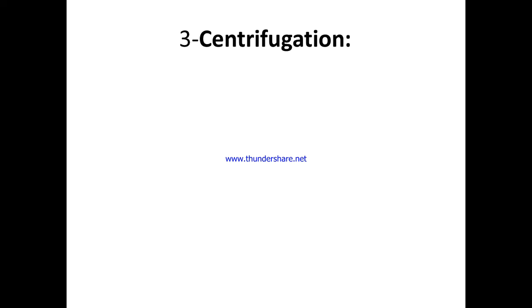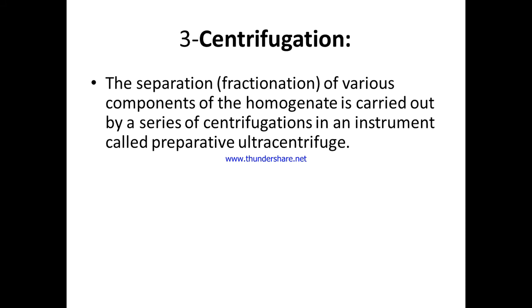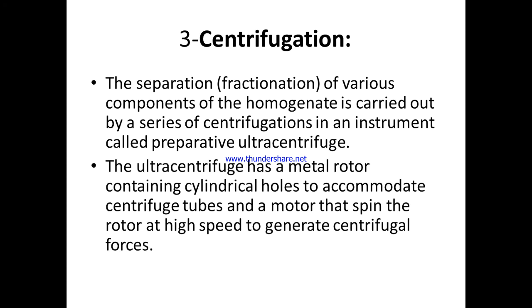So in order to separate each organelle, we do the centrifugation, and this is done through an instrument called a preparative ultracentrifuge. The ultracentrifuge has a metal rotor containing cylindrical holes to accommodate centrifuge tubes, and a motor that spins the rotor at a high speed to generate the centrifugal forces.